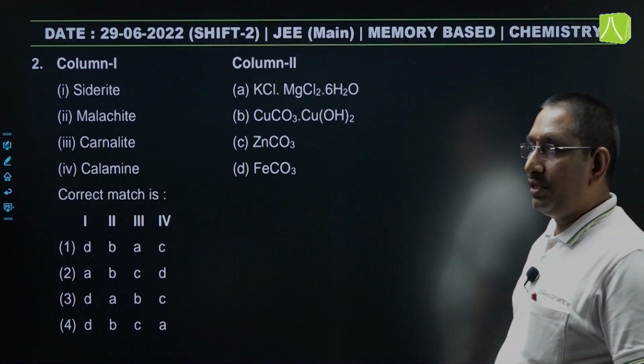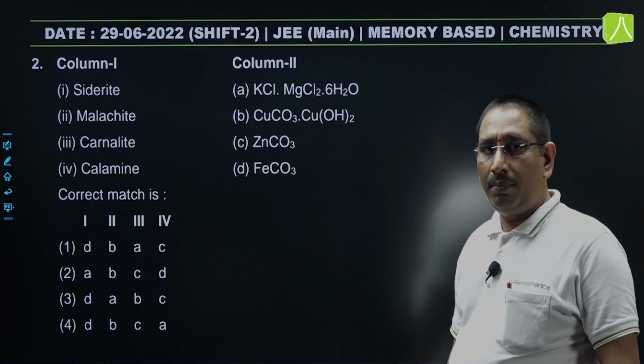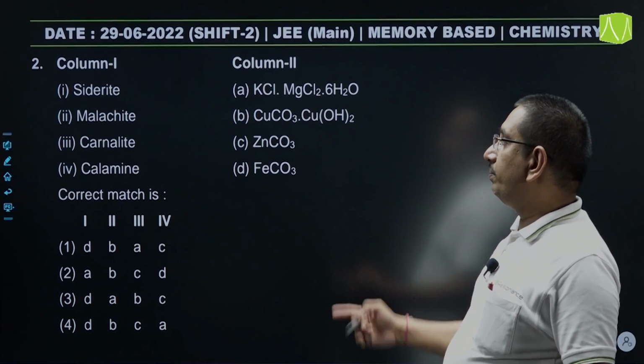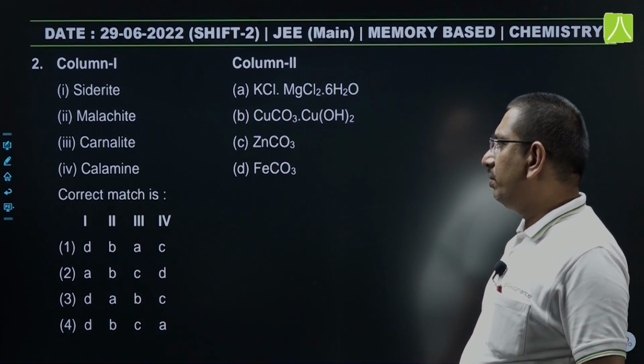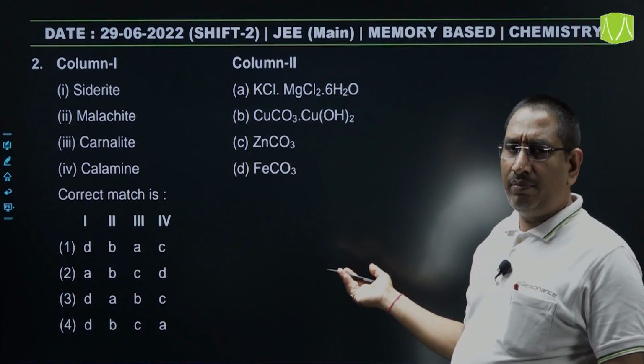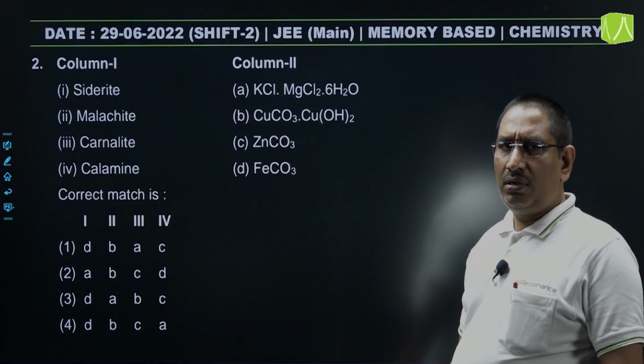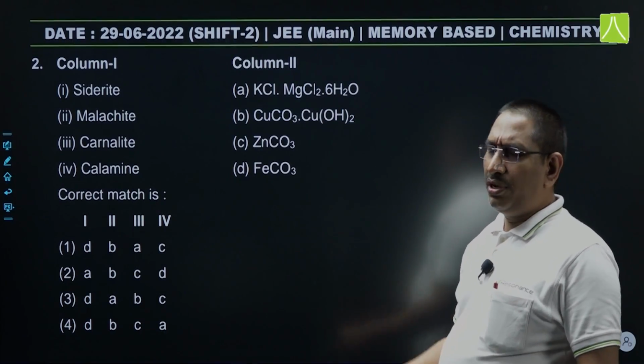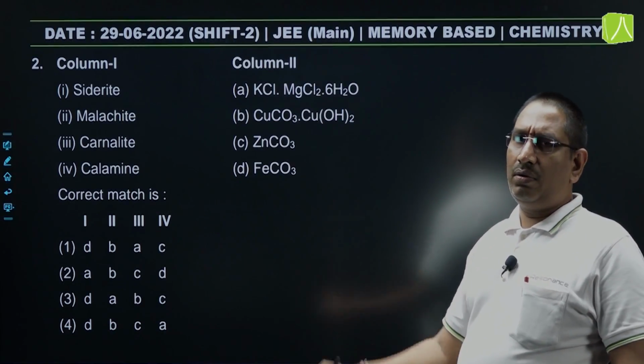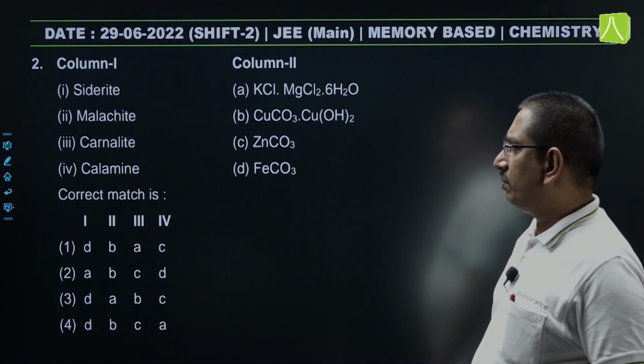Now, the second question, this is from metallurgy and matching type. Almost in every paper in these 6 days you can observe one question like this, a matching type question.